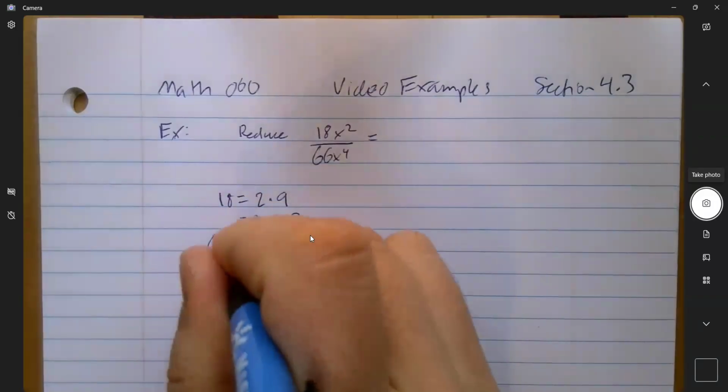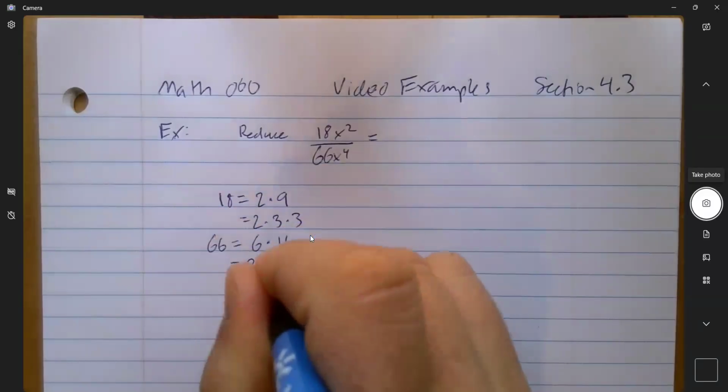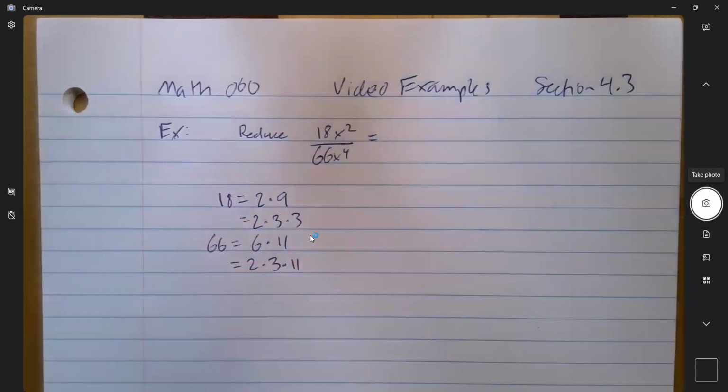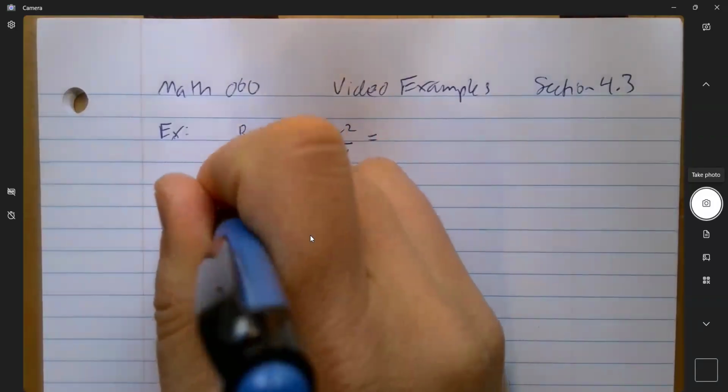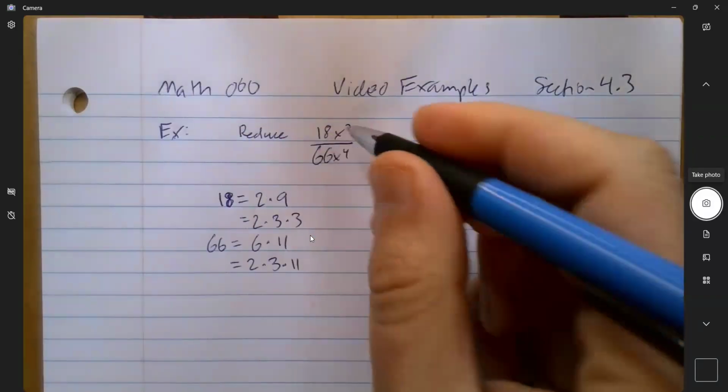And 66 is 6 times 11, which is 2 times 3 times 11. Good idea to do practice with prime factorizations in order to be comfortable with this process. So 18x squared I can write as 2 times 3 times 3 times x times x.